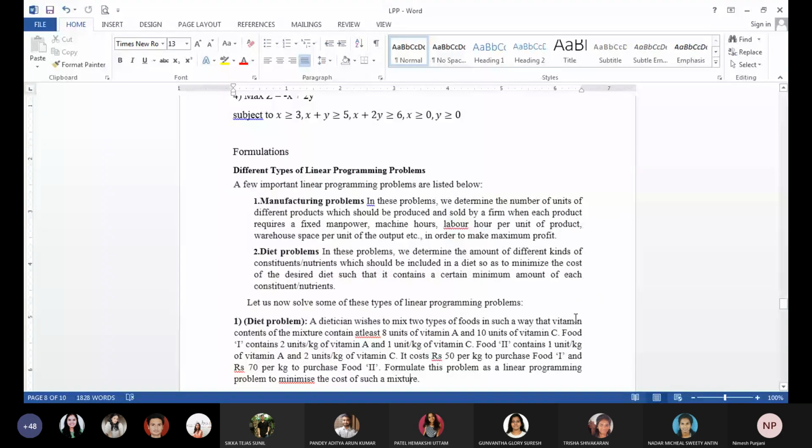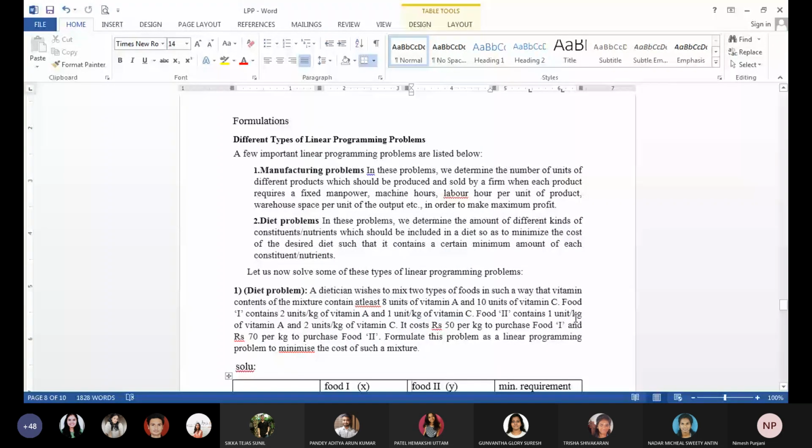Okay, so these are just to make you understand what standard problems are. We will solve these examples, then the things would be clear. And not necessarily will it be given whether it is a diet problem or a manufacturing problem. Okay, you have to just read the question, identify the things, and then you have to formulate.